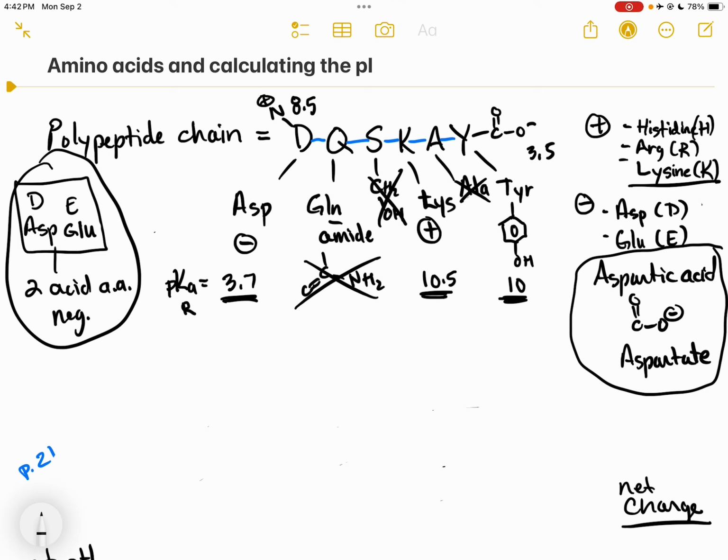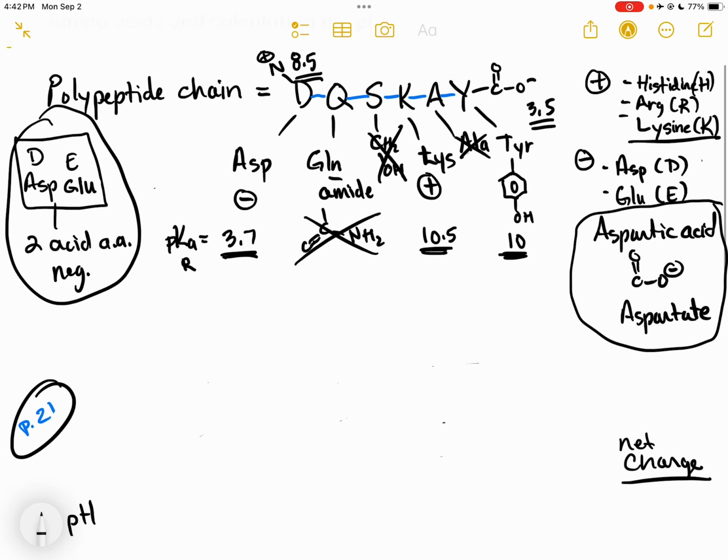Where did I get those numbers? Those are on page 21. In the information near the bottom of the paragraph, it says you should use these values for all peptides until otherwise told. It says the N-terminal pKa near 8.5, the C-terminal typically 3.5. So we've got those 5 different ionizable groups.